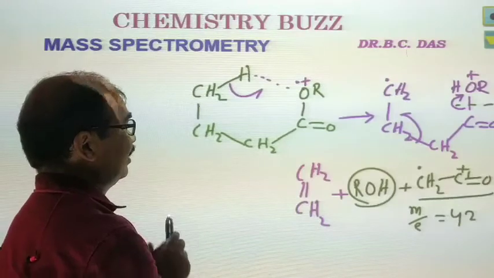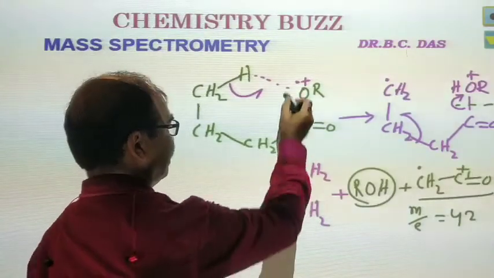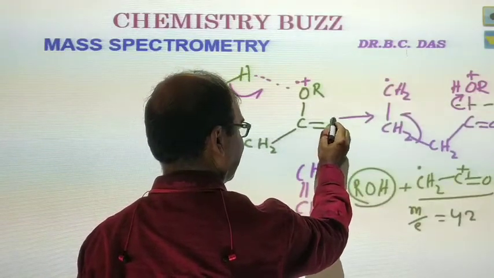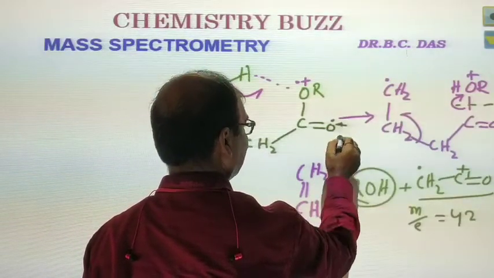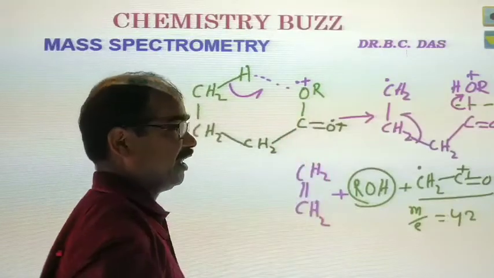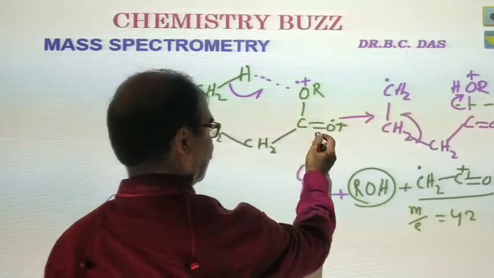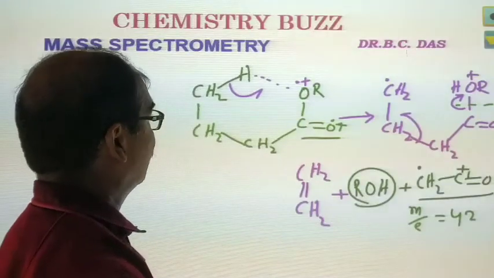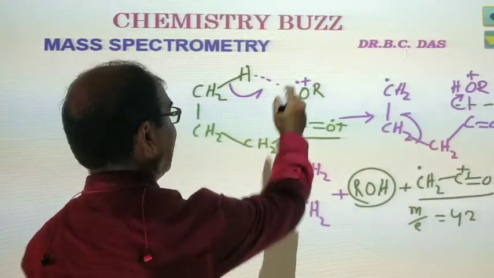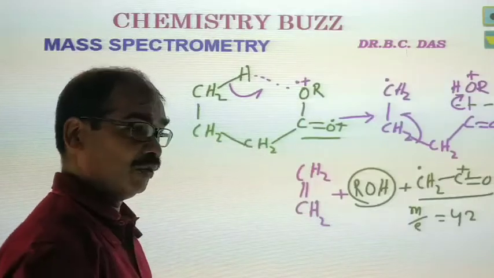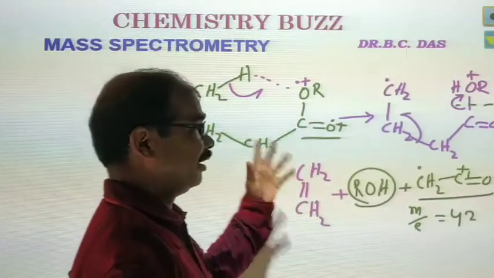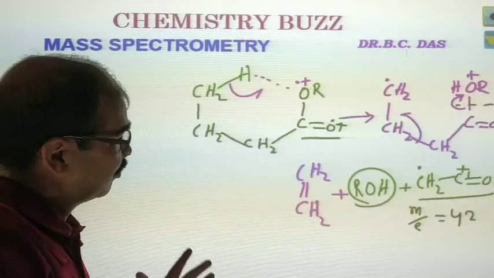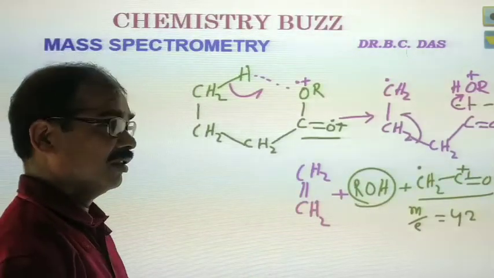We have seen that there is also a probability that this other oxygen can be ionized. When this ionizes we get a different fragment, and when that one ionizes there is also McLafferty rearrangement, and we get different ions and different fragments in the mass spectra.